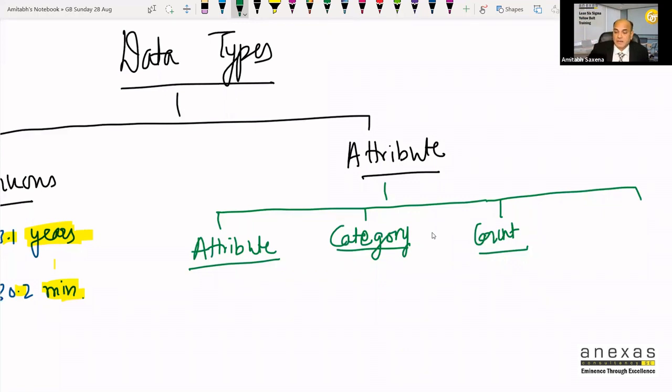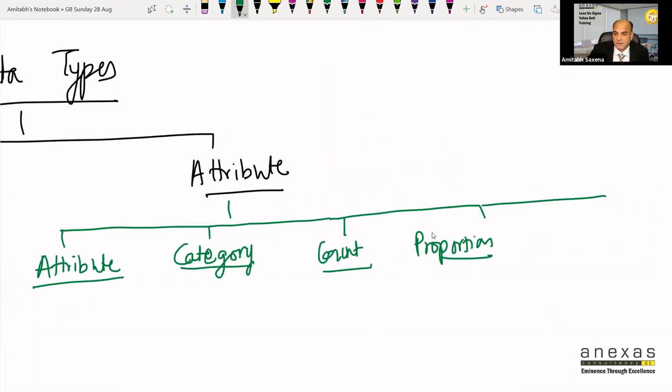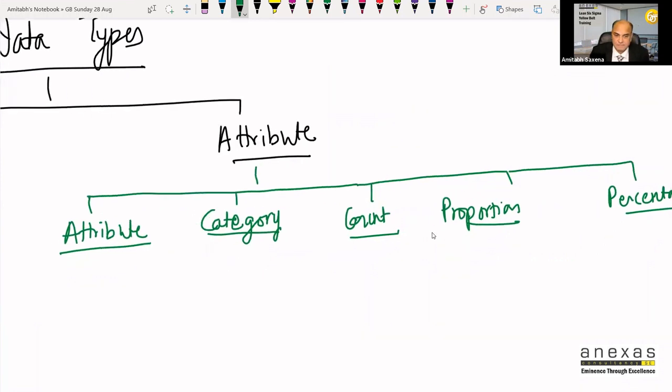Okay. I'll give an example. And then after that, you can measure it as a count and proportion as percentage. Can you tell me anything which is difficult to measure? Can you think of something which is difficult to measure?